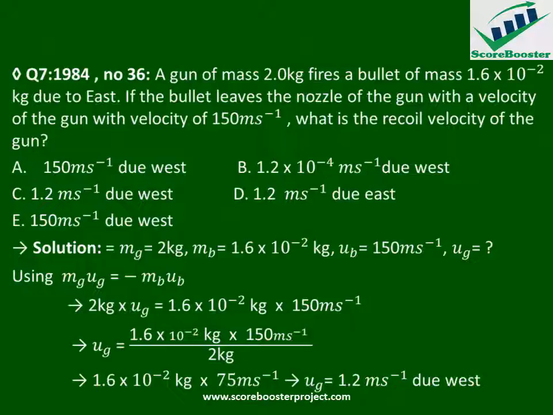And since they said that the bullet moves due east, that means the velocity of the gun will be the opposite of east, which is west. And that will make option C the correct answer. Thank you.